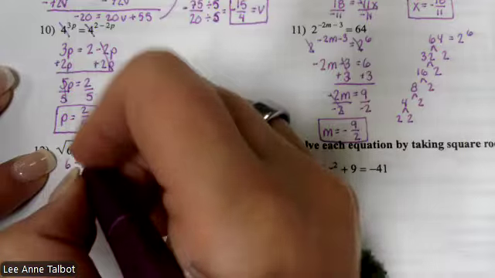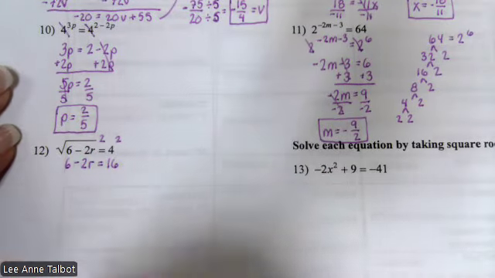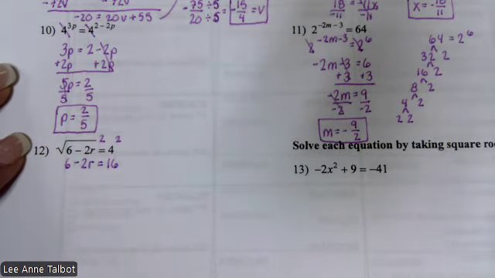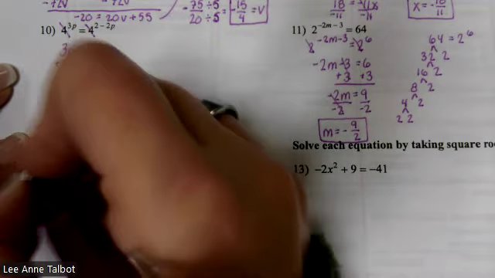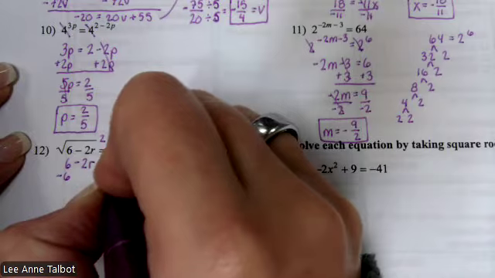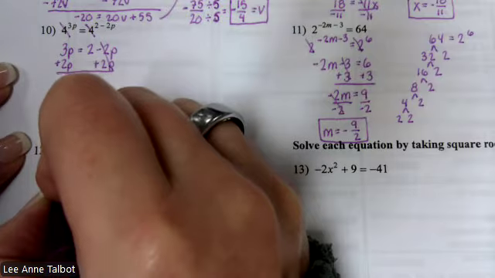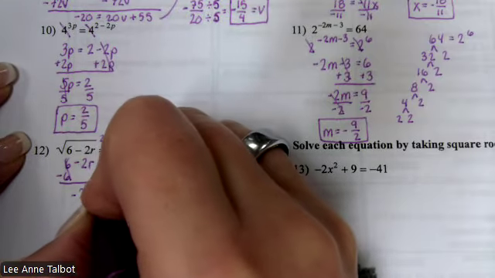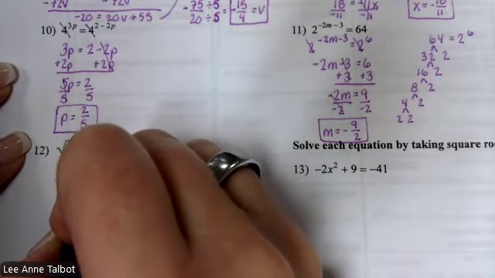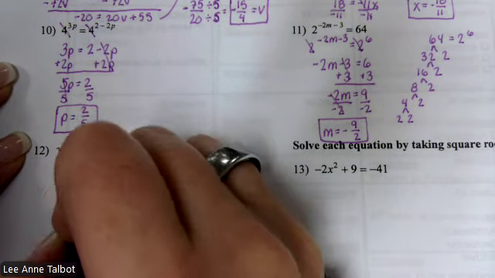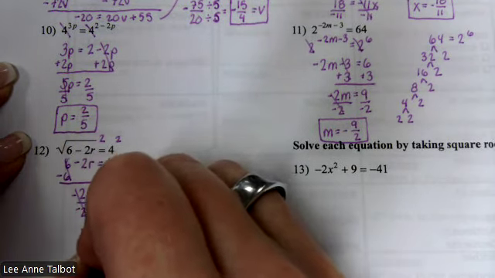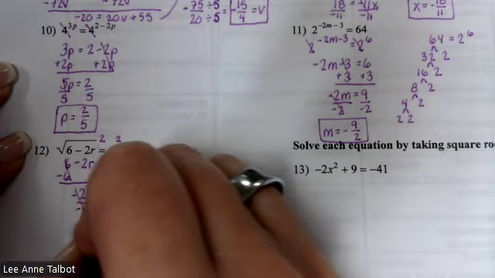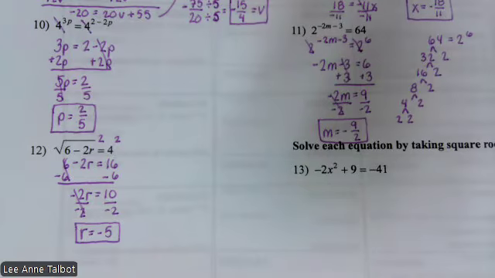And on this side, 4 squared is 16. Minus 6. Whole number answer. Satisfying.